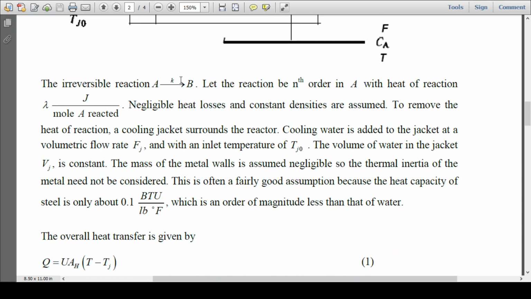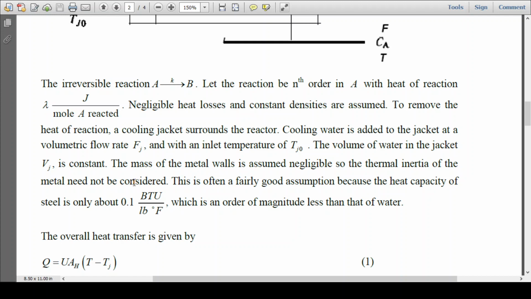Here the reaction is considered as a reversible reaction, A goes to B with a kinetic constant K. This is an nth order reaction with respect to A. Lambda is the heat of reaction. To remove this heat of reaction, you have cooling jackets.